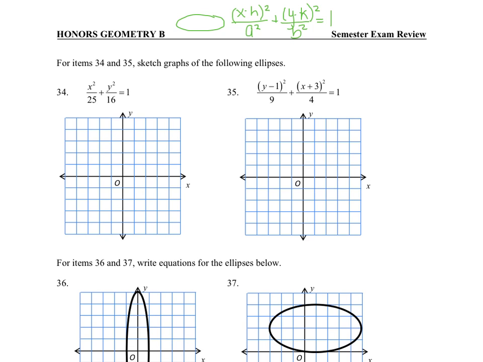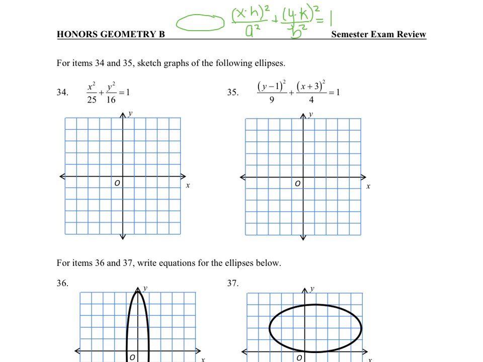So, for instance, in this equation, the major axis, so that's the length of the longer part of the ellipse, the major axis is made up of 2a, and that is under the x. So our major axis is going to be parallel to the x-axis, saying that it is a horizontal ellipse.